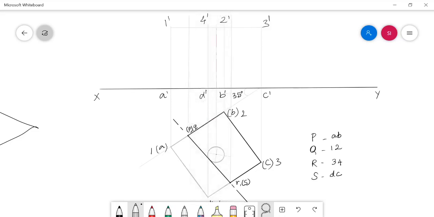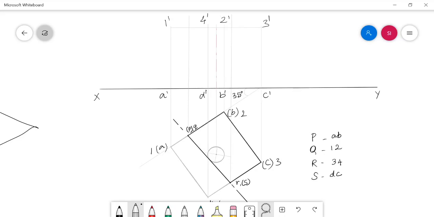Now I want to mark the cut points P and Q. This projector is common to the points P and Q, and I need to drop the point P in AB and point Q in 1 2.